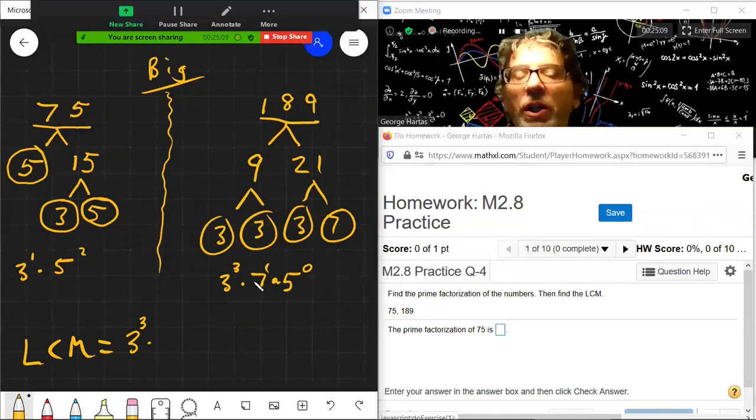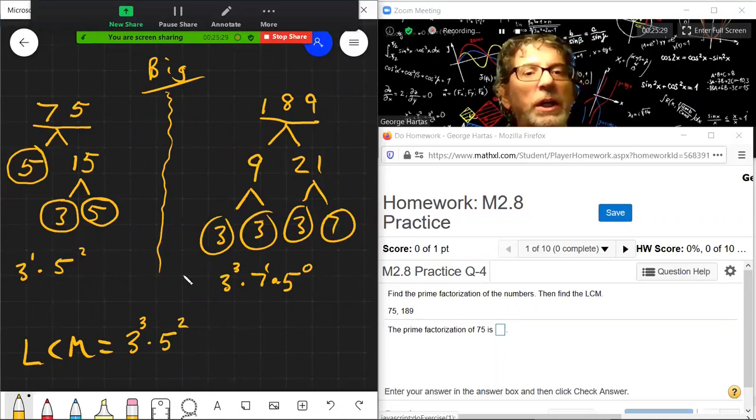So it doesn't change anything. But when you compare, there really are more 5s here because there are 2 of them here and none here. So we bring 5 to the second power down. And then we're done on this side.